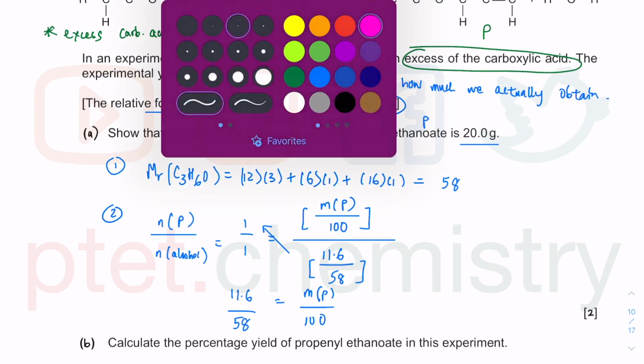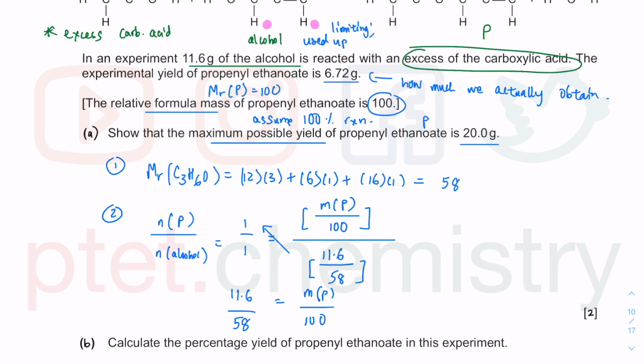And then what I can do is move up the 100 straight away. Some students like to keep the divide by 100 and then they do times 100. That is mathematically incorrect, so do not ever do that. So there is just times 100 there. You can choose to do it one more step, or you can choose to do it straight in one go as I did here. So the mass of the product there is 100 times 11.6 divided by 58.